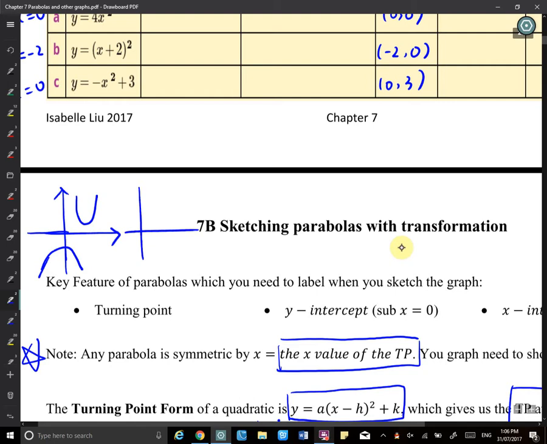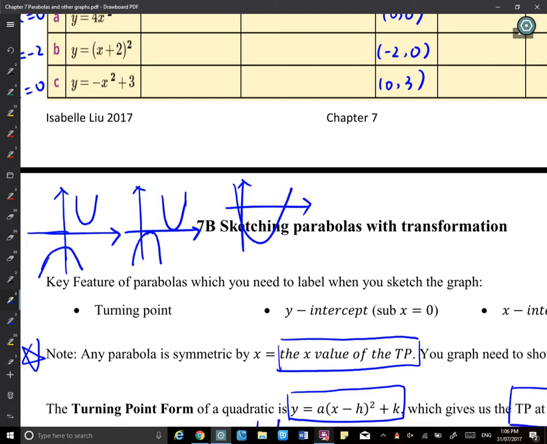You can have 1 x-intercept, which is like that. Both graphs will have 1 touch, the turning point touching the x-axis. Or you can have 2 x-intercepts, like that, where we cut 2 places on the x-axis. So you can have 3 different cases: 0, 1, or 2 x-intercepts.